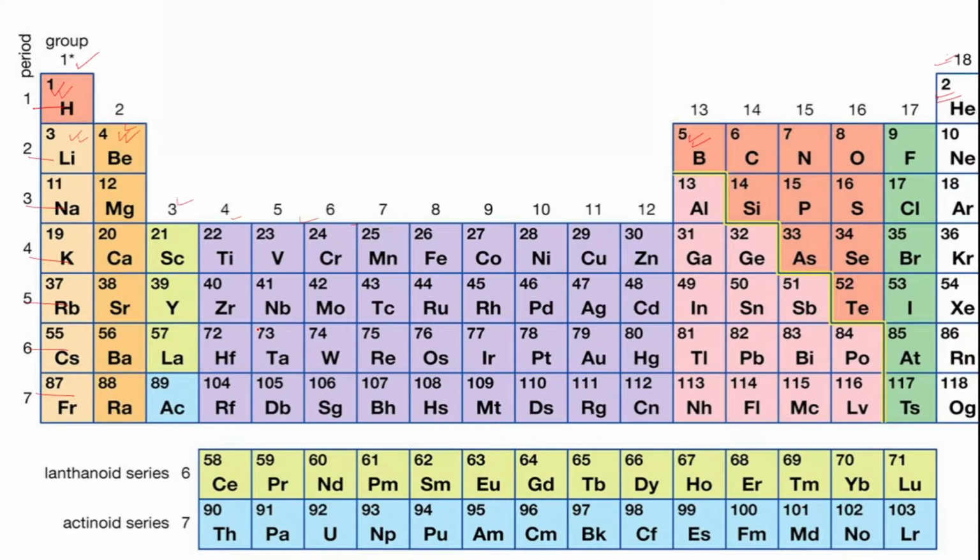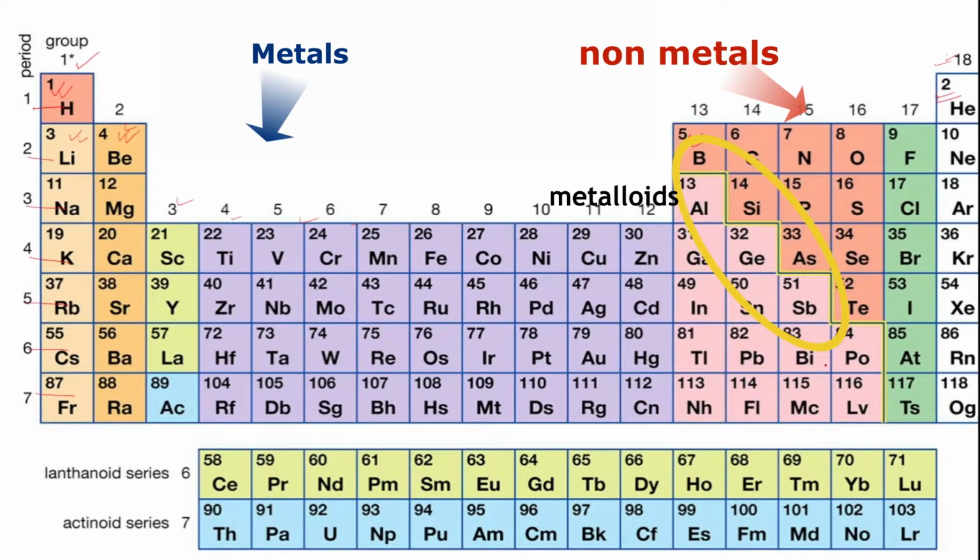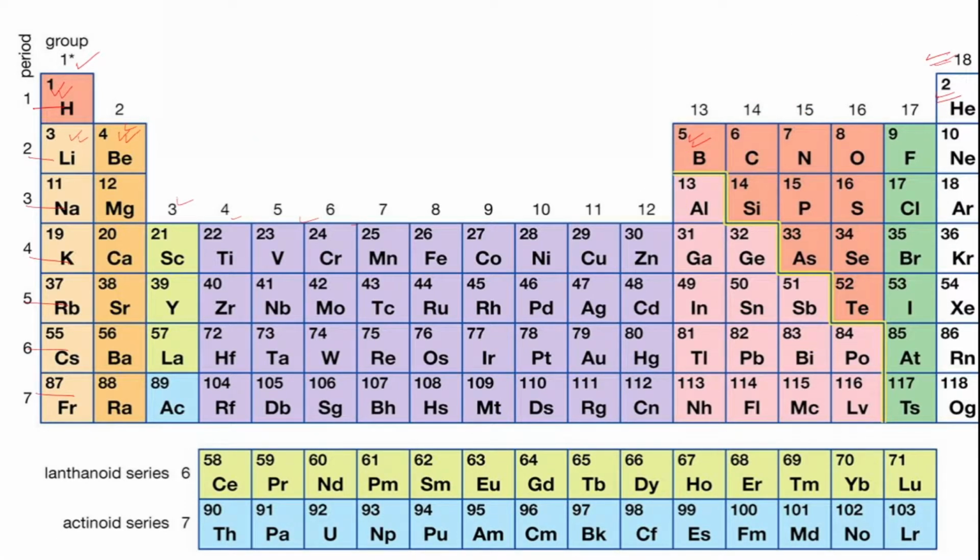While elements were kept in increasing order of their atomic number, they formed a pattern by itself, and in this pattern we can see all metals are in left side of the table, non-metals are in the right side of the table, metalloids are in the middle of metal and non-metal, and inert gases are at the extreme right of the table.